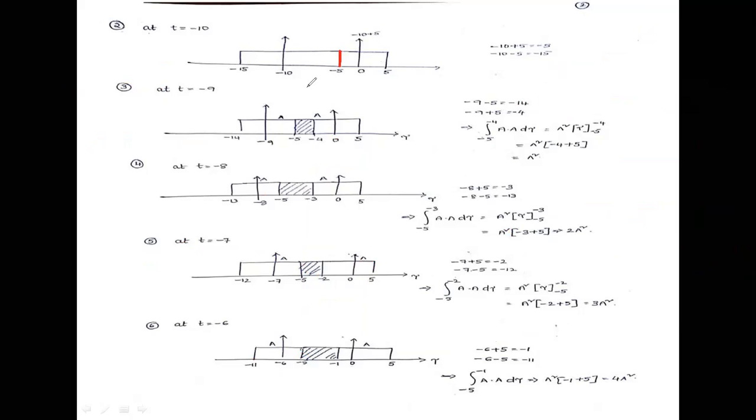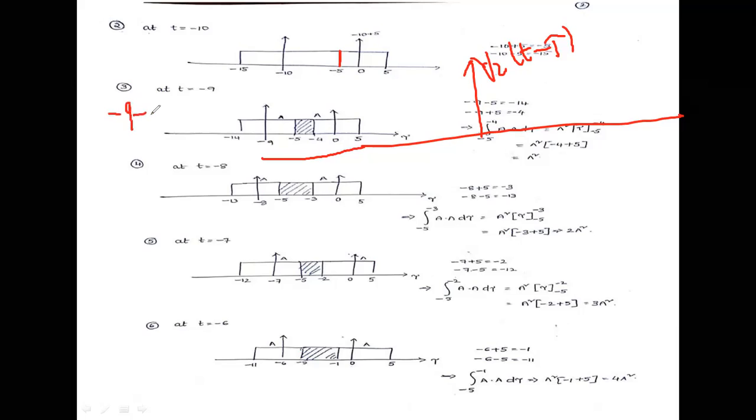Following, coming to t equal to minus 9. T equal to minus 9 means F2 of t becomes F2 of t minus tau, now with t as minus 9. Already we have the minus 5. Minus 9 and minus 5 is minus 14.